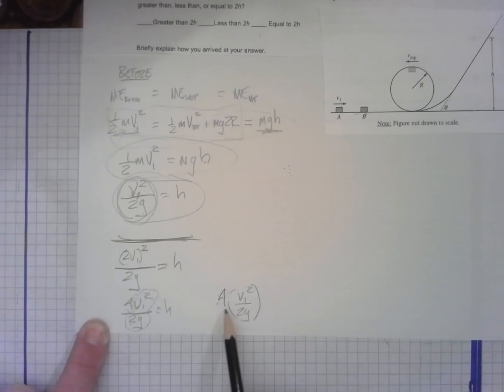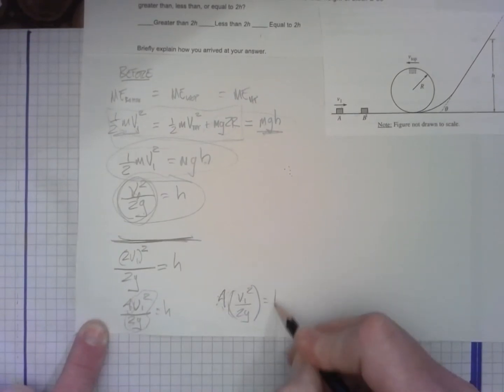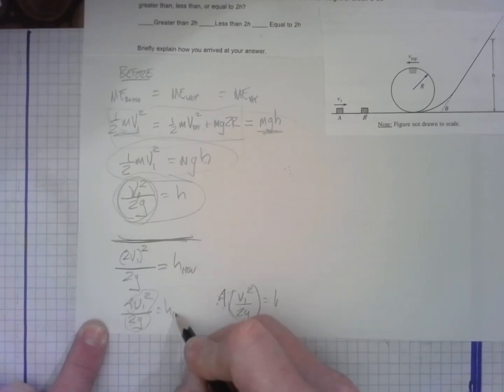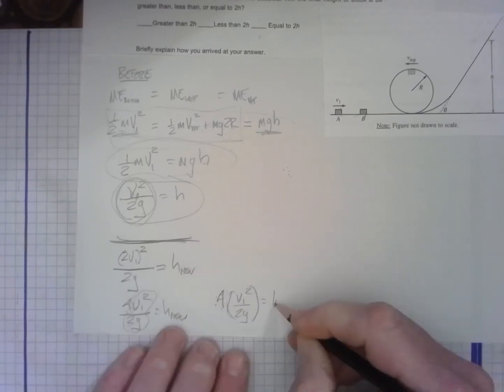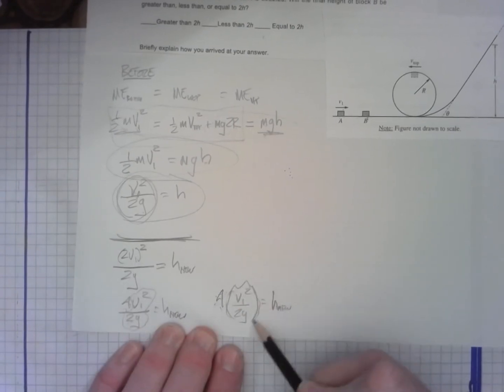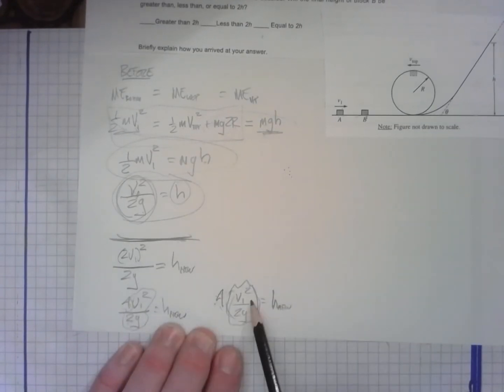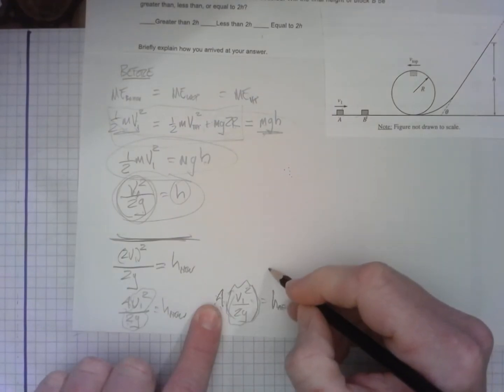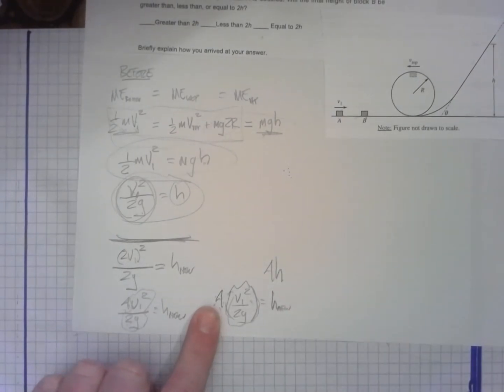So I'm going to pull that 4 out and say that's equal to the new h. This represents the old h. 4 times the old h is the new one. So you're going to go not 2 times higher, but 4 times higher.